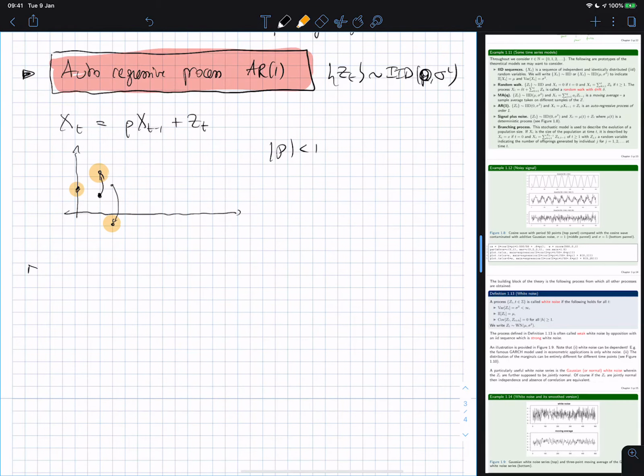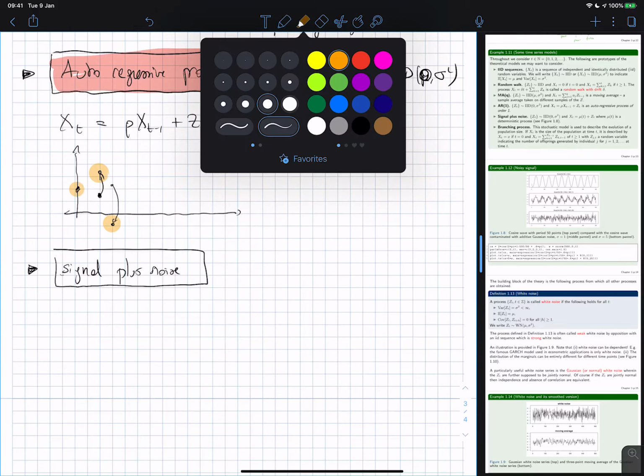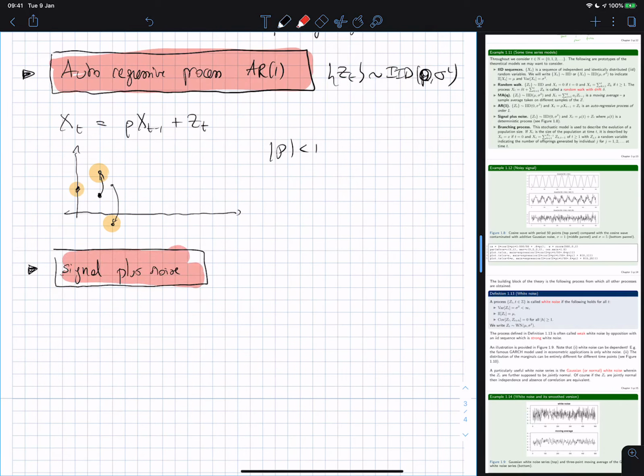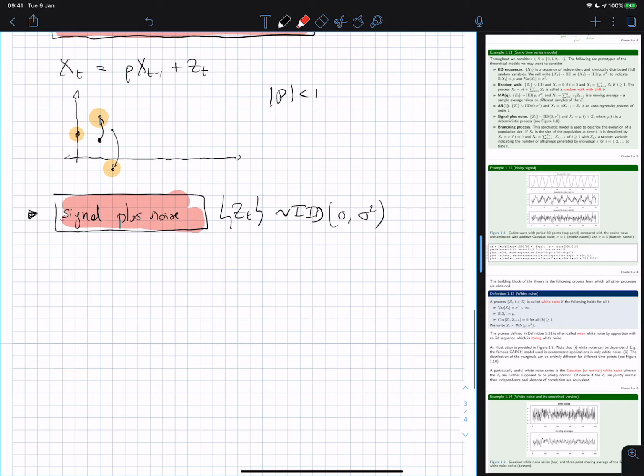Another way of constructing a sequence is signal plus noise. That's also a very important component of time series processes. Again, we start with a noise sequence with mean 0 and variance sigma squared. And we consider X_t to be a certain function, which itself is not random at all. It's just a certain function, mu of t.